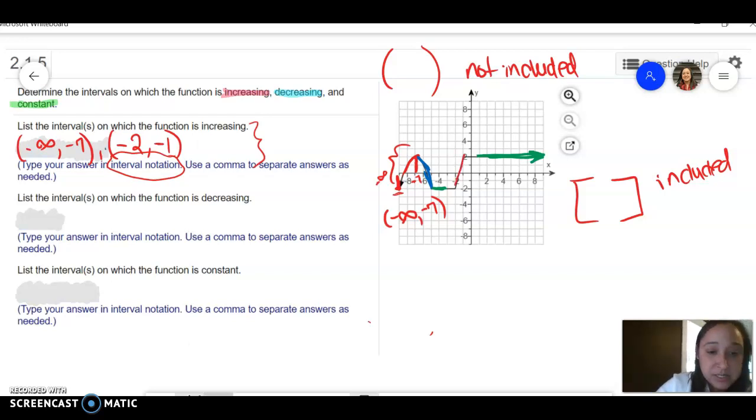So what else do I have here? The second part is asking, where am I decreasing? Well, I only have one blue piece here where I am decreasing. I'm going to erase this so I can kind of see what's happening. At that decreasing portion, it begins to decrease at -7, where that increasing, remember we talked about changing direction.